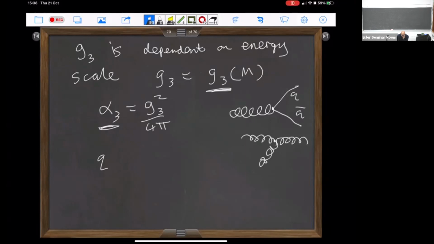It's surrounded by a virtual cloud: a q qbar pair can pop up out of the vacuum at any time due to the uncertainty principle. So it's surrounded by q qbar pairs of different flavors. These can live for a short time, annihilate, and turn into gluons, and then the gluons can split into additional q qbar pairs.